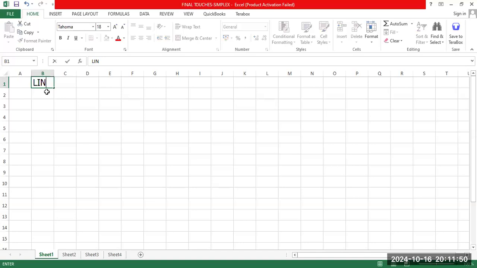Our focus is about linear programming. So we are focusing on linear programming, and our focus for now is to use the simplex method.